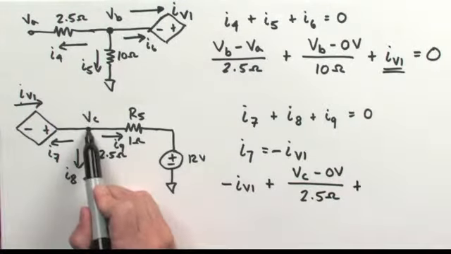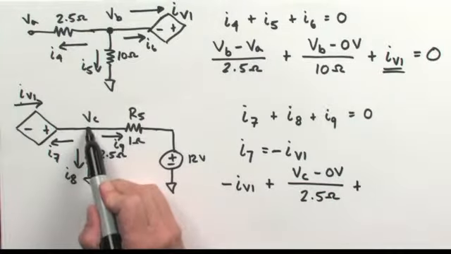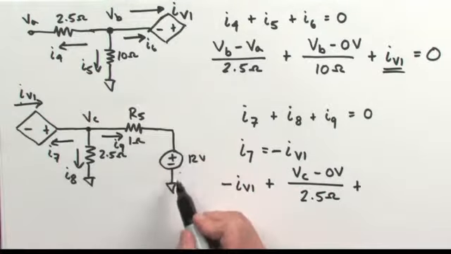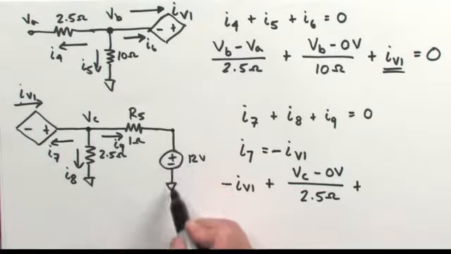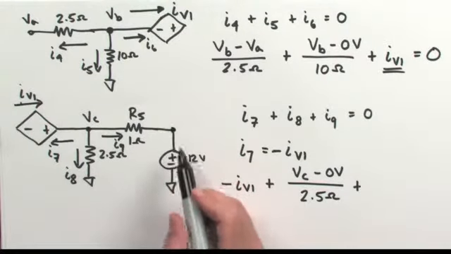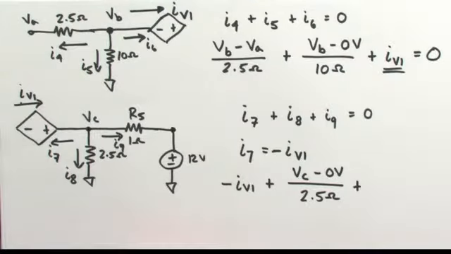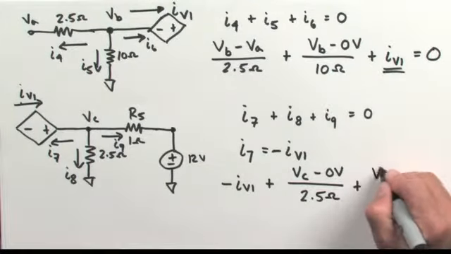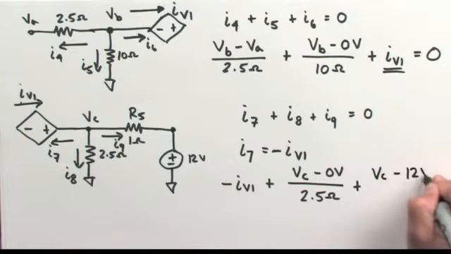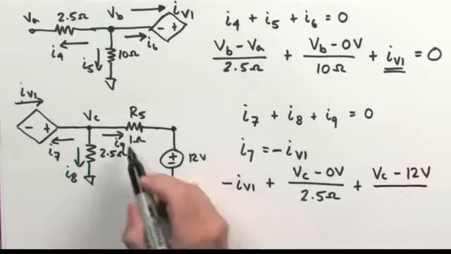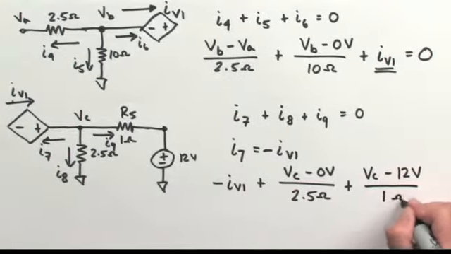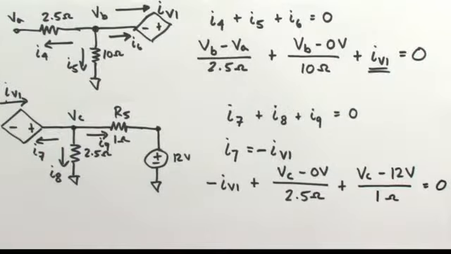Along path 9, it's going to be the potential difference between node C and this 12 volt potential that's developed with respect to the reference node. So here I write VC minus 12 volts divided by the resistance of the path, which is 1 ohm. All that must sum to 0.